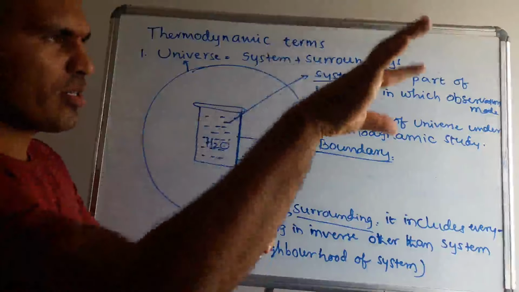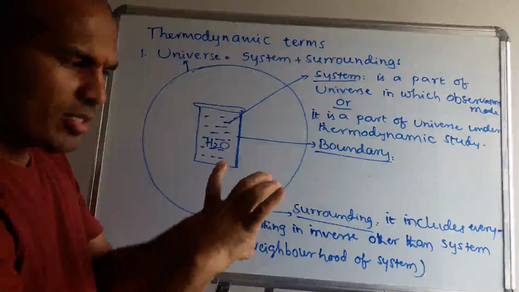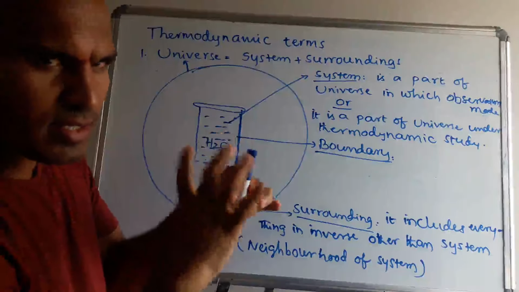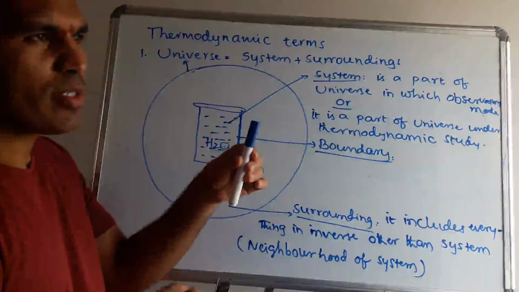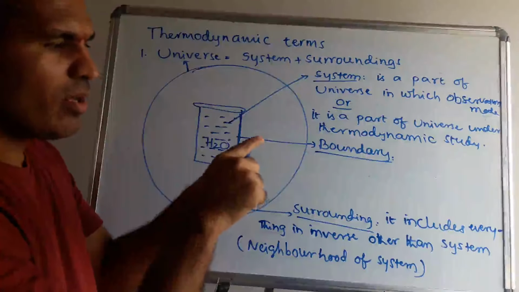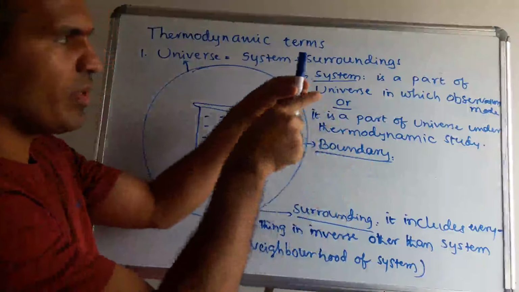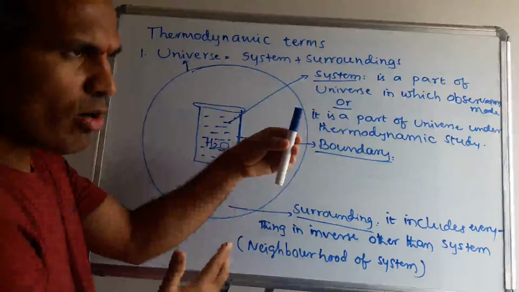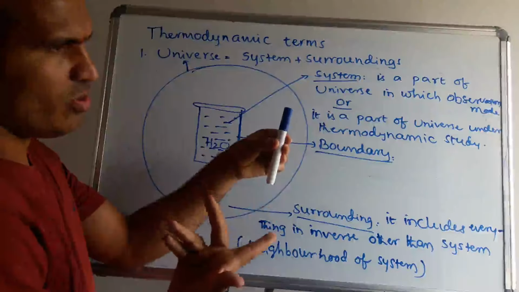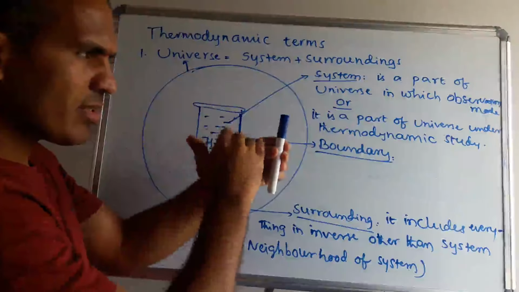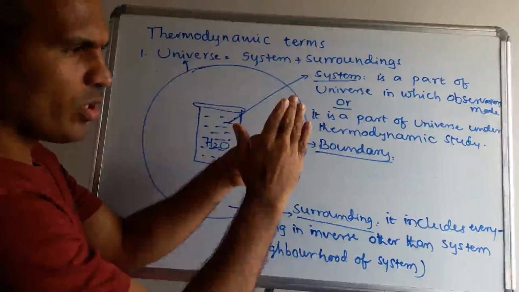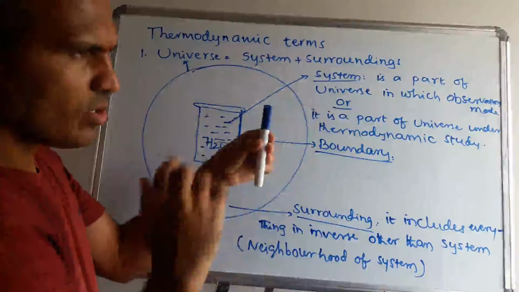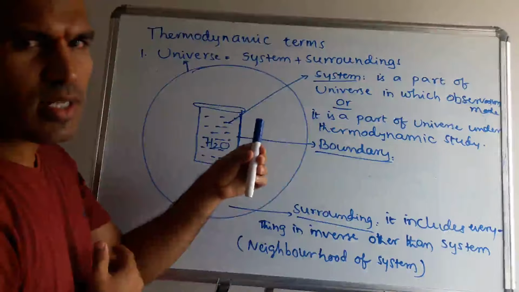The remaining part is the universe. I am not considering the ink separately; the total pen I want to consider as the system. Then between the system and the surrounding, what is the wall or line? There is no line. This total is the system, and up to here there is surrounding. There is some imaginary line.